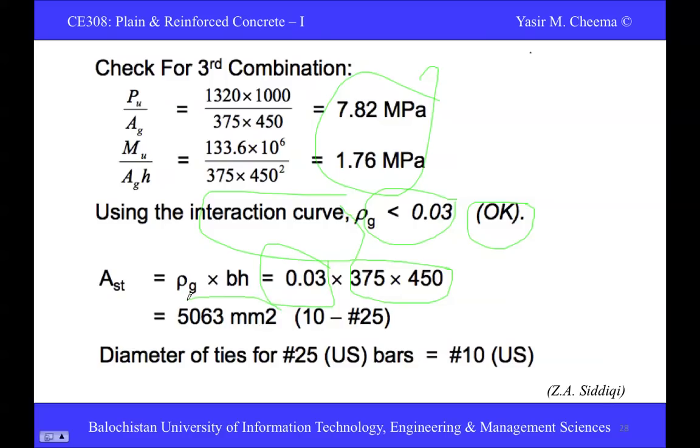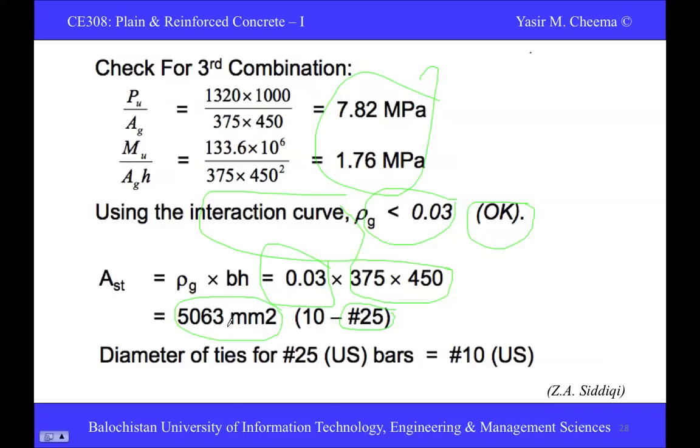So the area of main steel required for the column section is 5063 millimeters square, and this area is provided by 10 number 25 bars. 10 number 25 bars can give more than or equal to this area. Is it clear? So 10 number 25 bars can produce an area equal to or more than 5063.